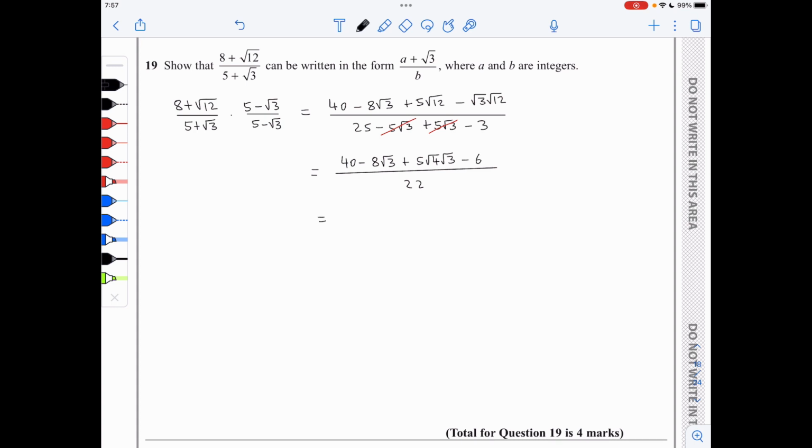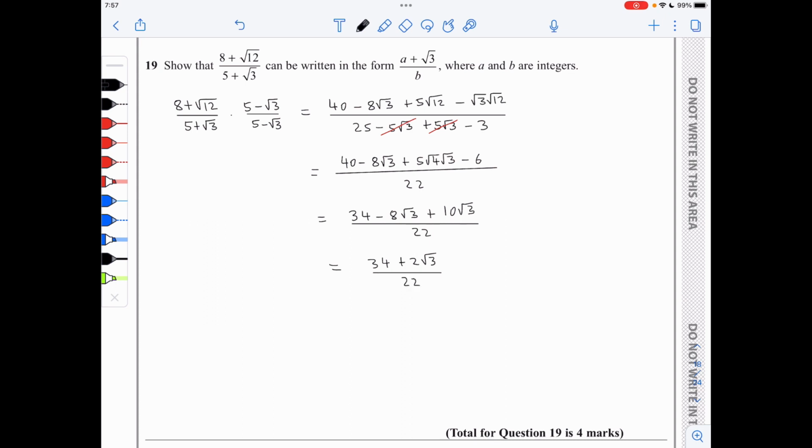So this further simplifies into 34 minus 8 root 3 plus 5 times 2 is 10 root 3, and all of it over 22. So this is 34 plus 2 root 3 over 22.